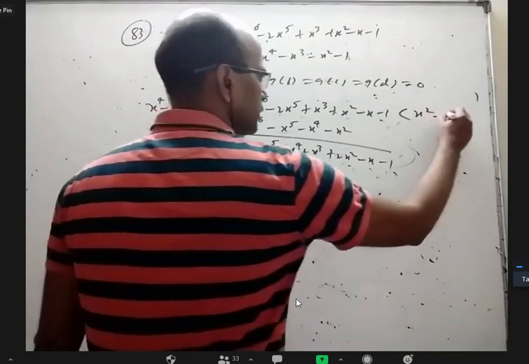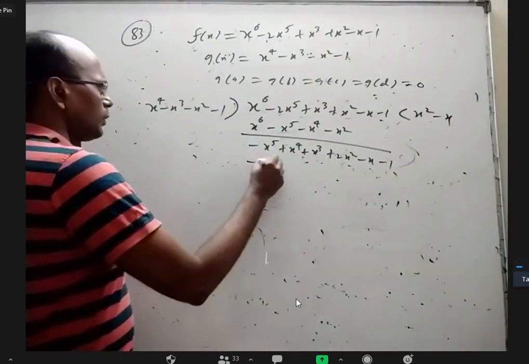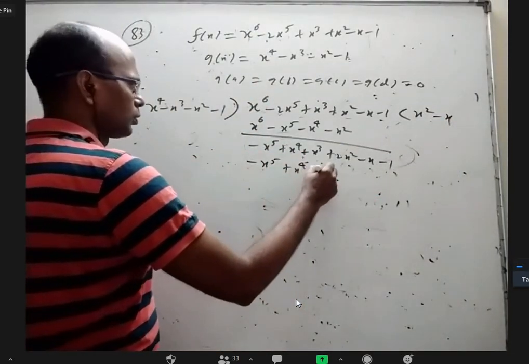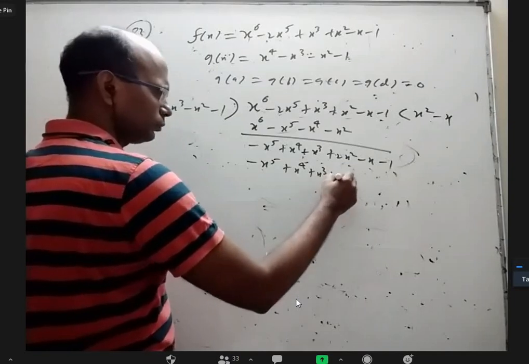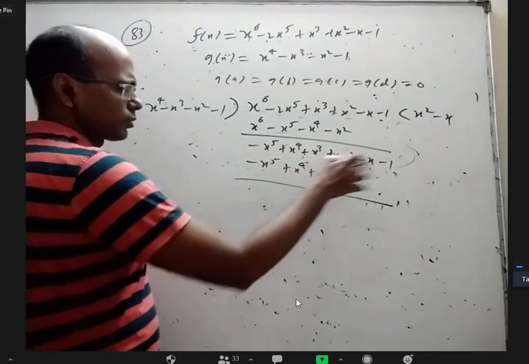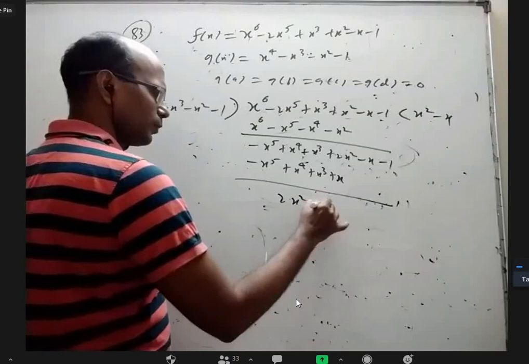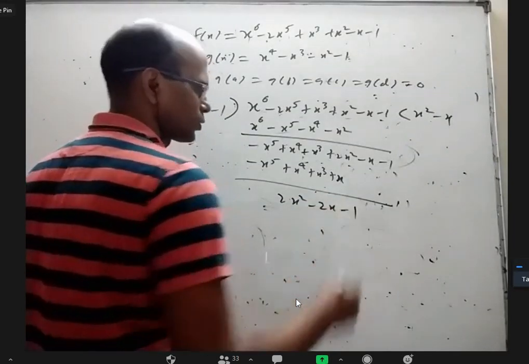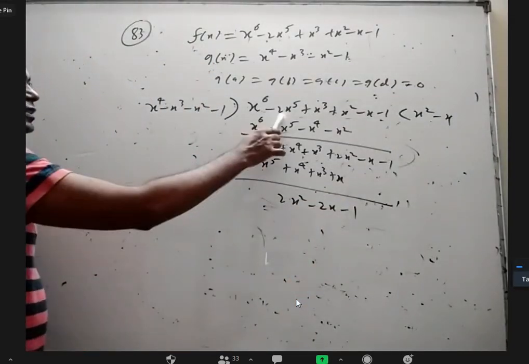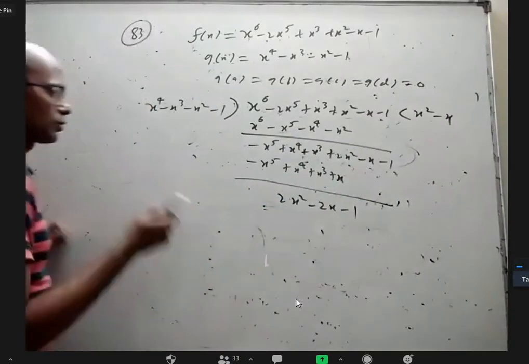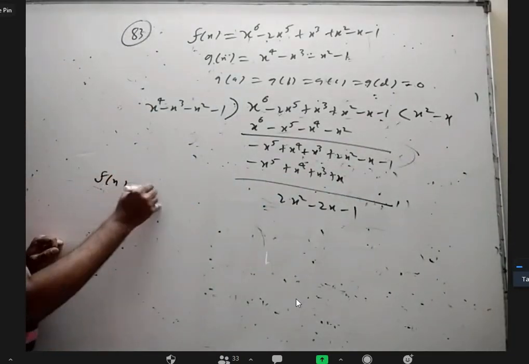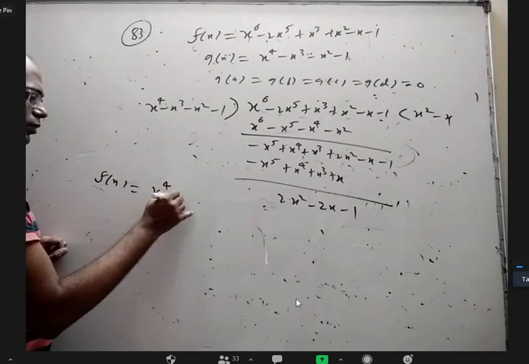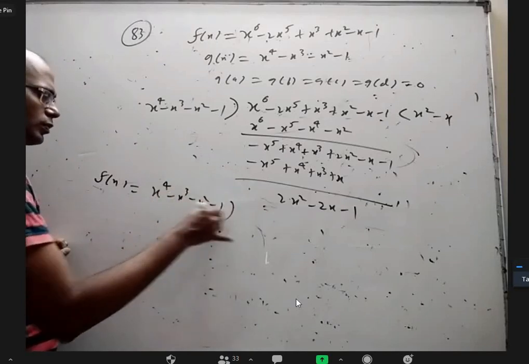Now I want to multiply by minus x: minus x power 5 plus x power 4 plus x cube plus x. This will go, this will go, this will go straight. I'm getting 2x square minus 2x minus 1. That means this 6th degree can be written as this into this.